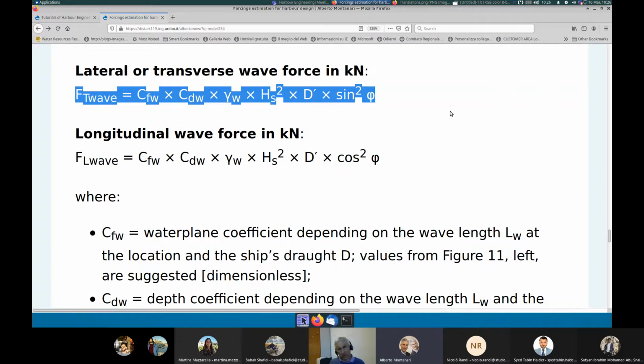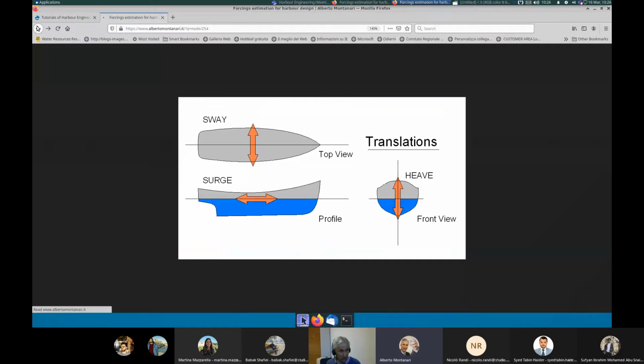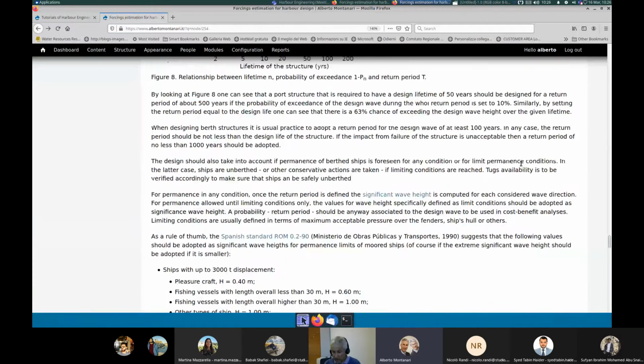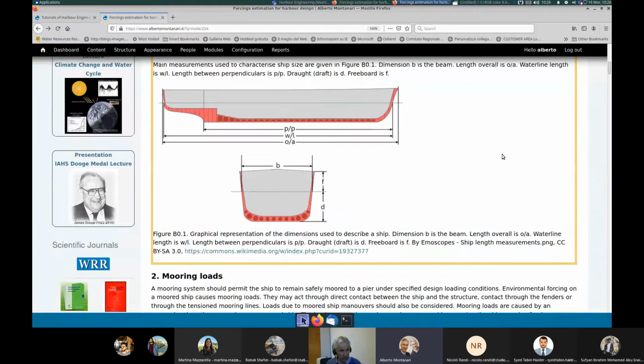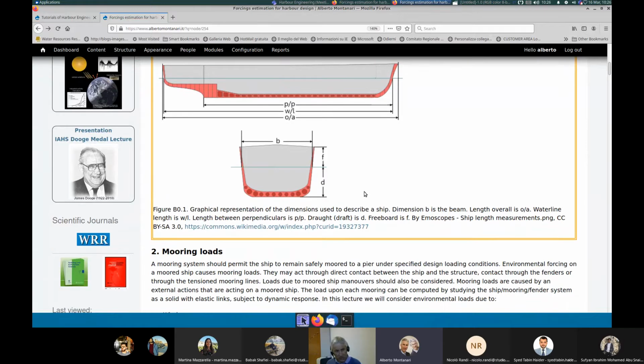It's called the water plane coefficient, and depends on the wavelength at the location and the ship's draught D. Okay, remember what is the draught, which we discussed here. Sorry if I go back, but I think it is important to be very clear. So here the draught is D, okay? So it's the distance between the water level and the bottom of the keel.